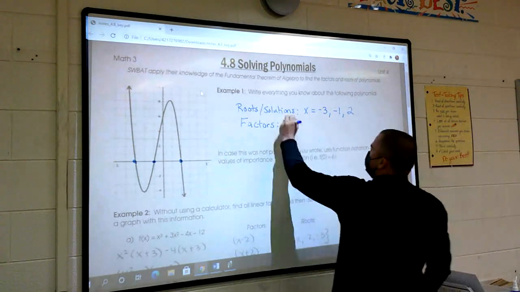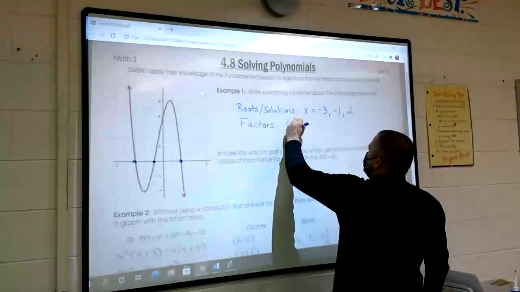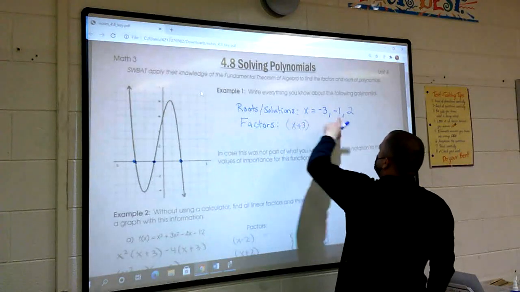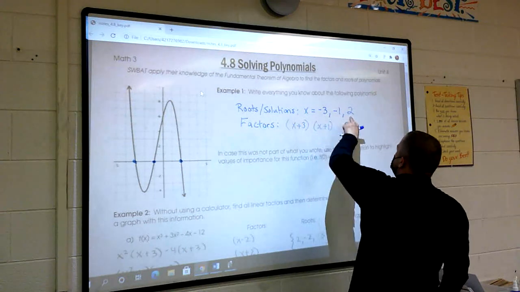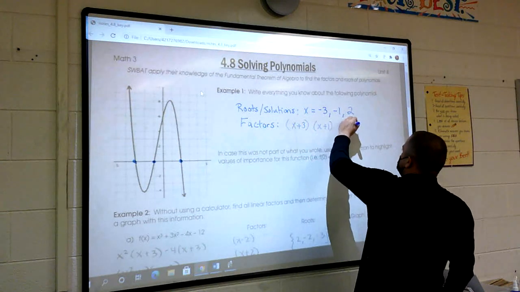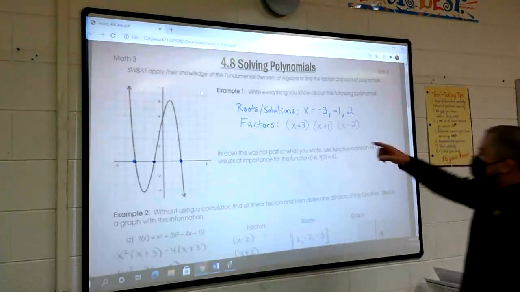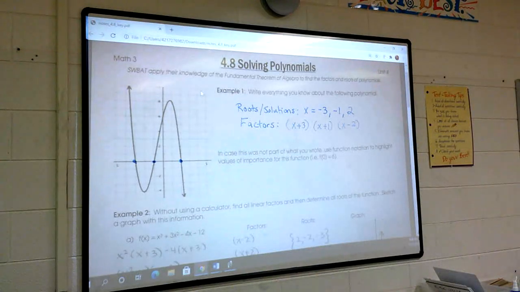So a factor for -3 would be x plus 3. -1 would be x plus 1. And 2 would be x minus 2. So basically those factors are, if you set those things equal to 0, you get x equals -3, x equals -1, x equals 2.